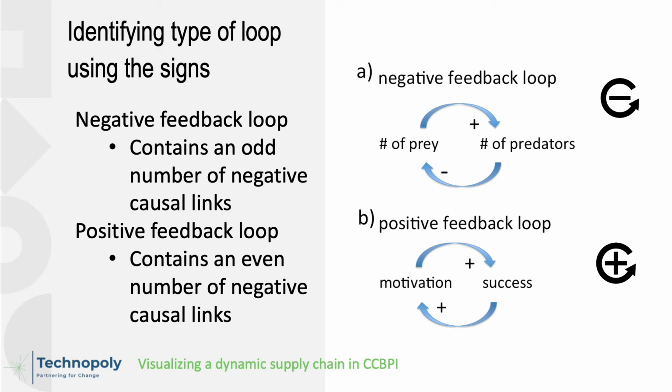If the product of the signs is positive, then it's a positive feedback loop. Once we have identified that, we define it as either a negative or a positive loop, or if you look at Peter Senge's notation, a negative feedback loop can be denoted as a seesaw, and a positive feedback loop can be denoted as a snowball effect.